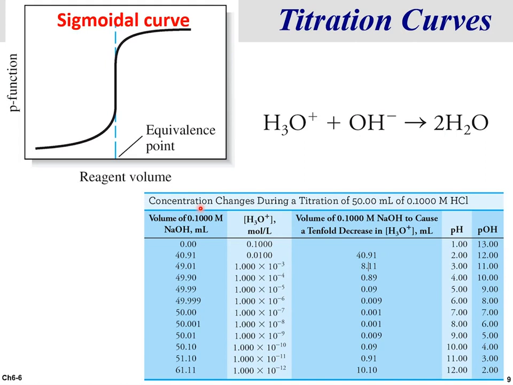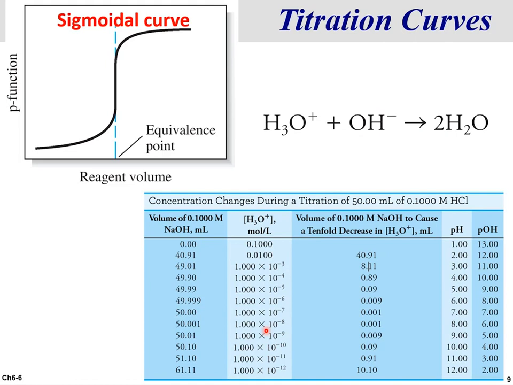The data in this table, especially the second column, shows the concentration of hydronium ions, H3O+ ions, in a titration of 50 milliliters of 0.1 molar hydrochloric acid with 0.1 molar sodium hydroxide. So what does it show?